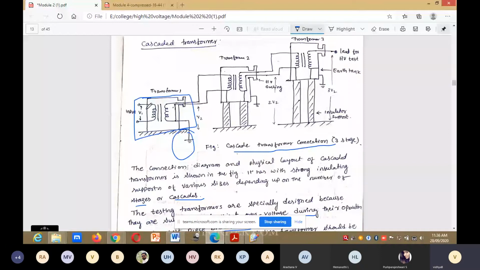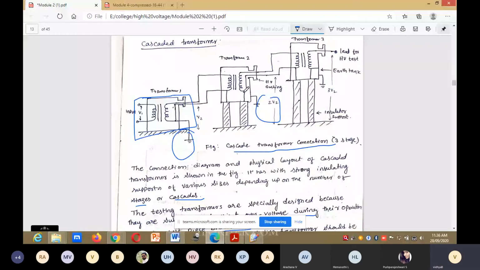Next, the second transformer is kept on insulators and maintained at a potential of V2.